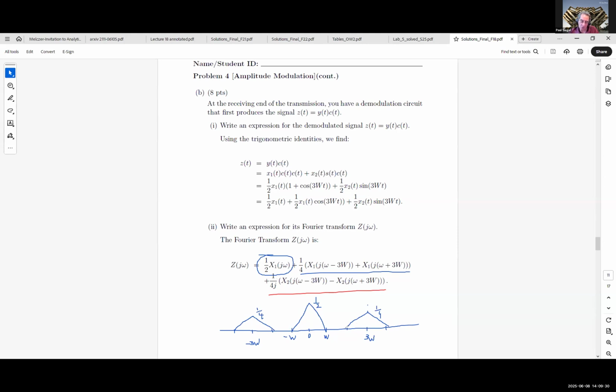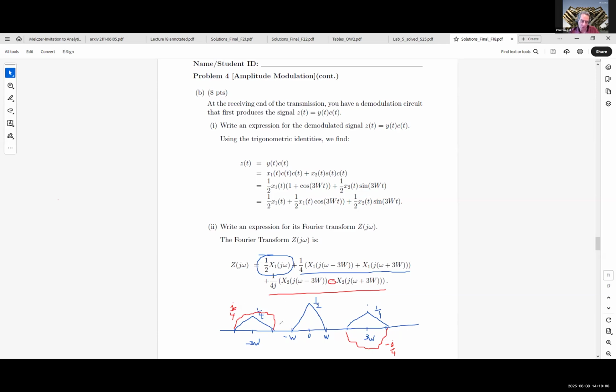So I could draw this thing with negative j over 4, and then there'd be a copy over here, which has a minus sign in front, so it's going to be plus j over 4.